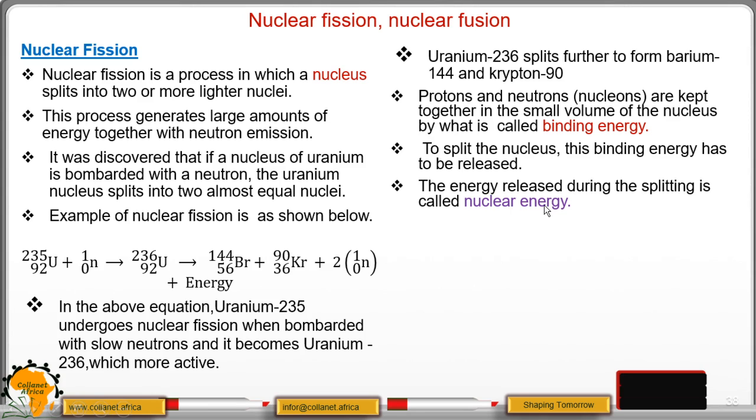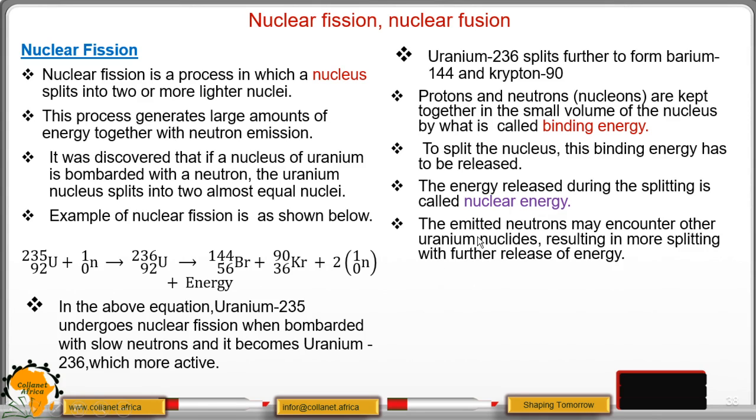Then we have the emitted neutrons, this one in our equation. These neutrons, if they meet another uranium, they are going to knock or collide with them, and this will result in further splitting and again further release of energy.